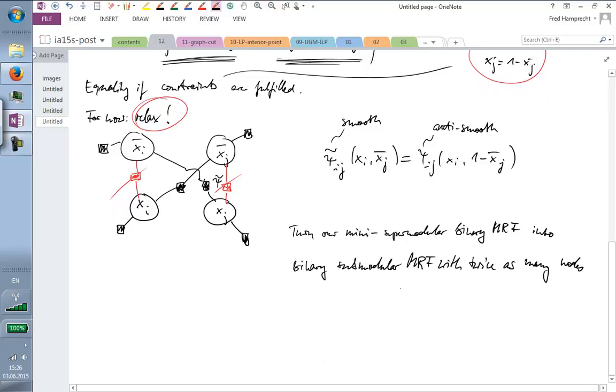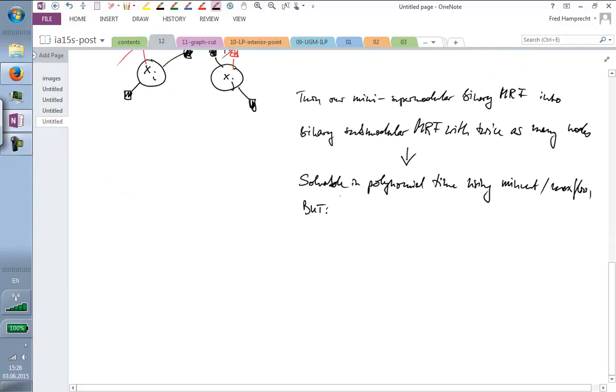Okay, so we know already that this thing is now solvable in polynomial time using min-cut max flow, but we have no guarantee of optimality, because we solve a relaxed problem only, due to the relaxation.